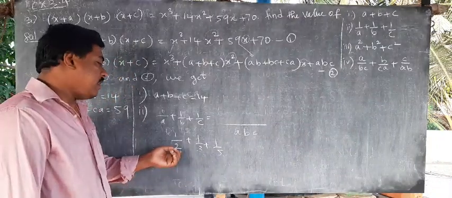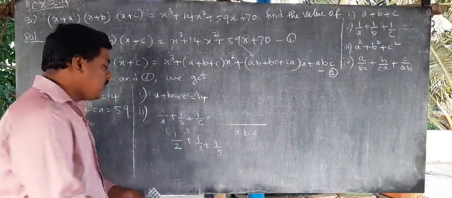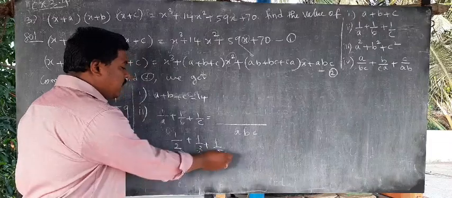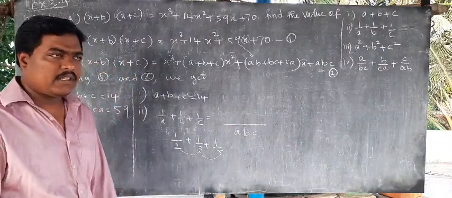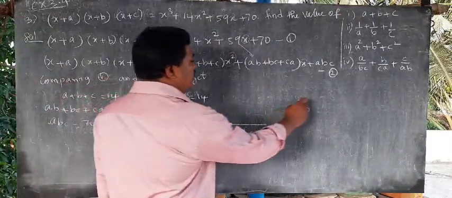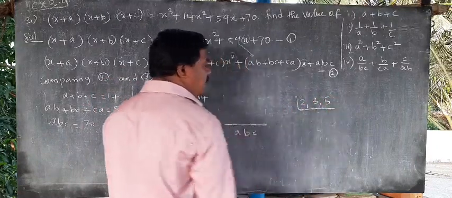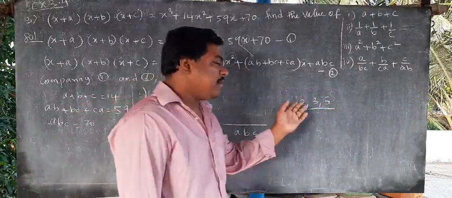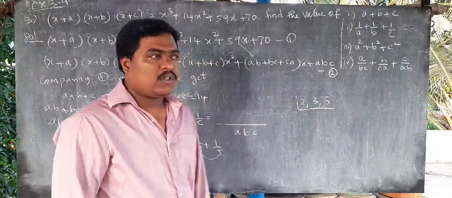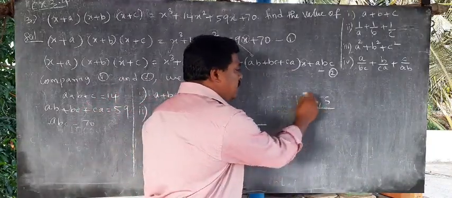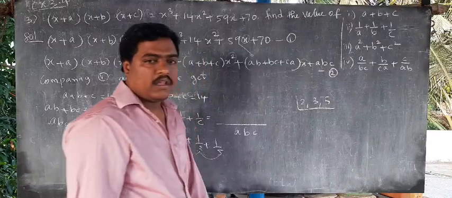Like this when numbers are given, what is the LCM? The three numbers are prime numbers, so we can't reduce the LCM.